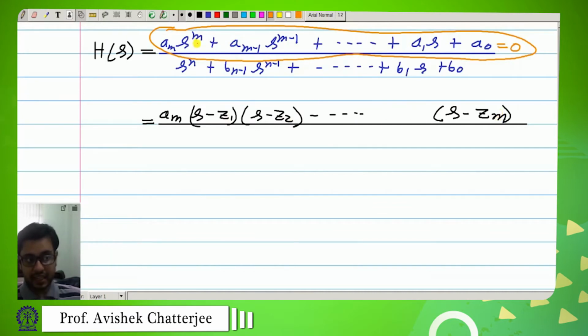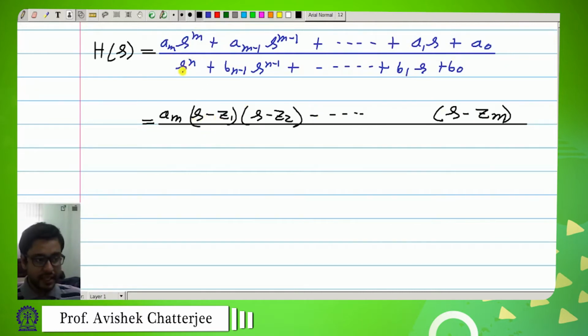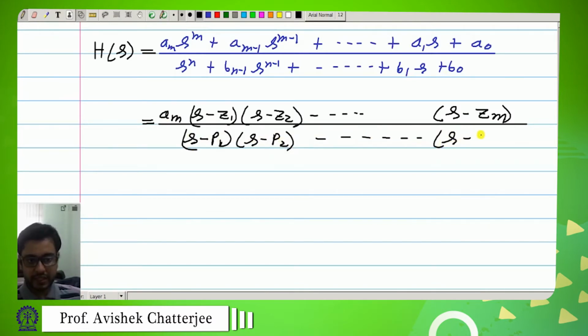And since this is an m degree polynomial, we will get m roots or solutions, and you can factorize this in m factors like this. In the same way, the denominator can be factorized as s minus p1, s minus p2 dot dot dot s minus pn. We will have n factors because the degree of the denominator is n.